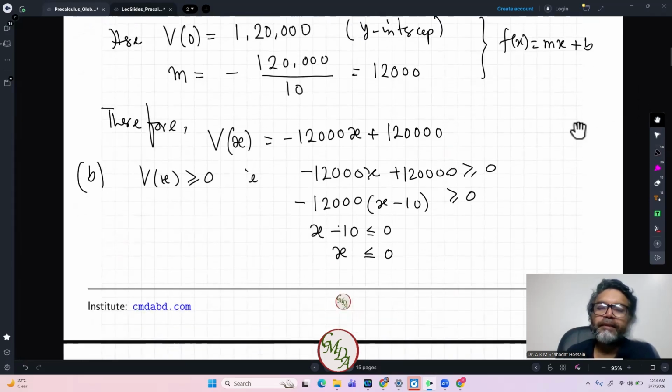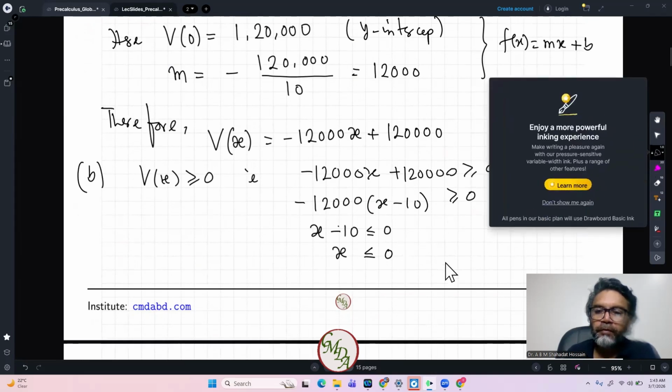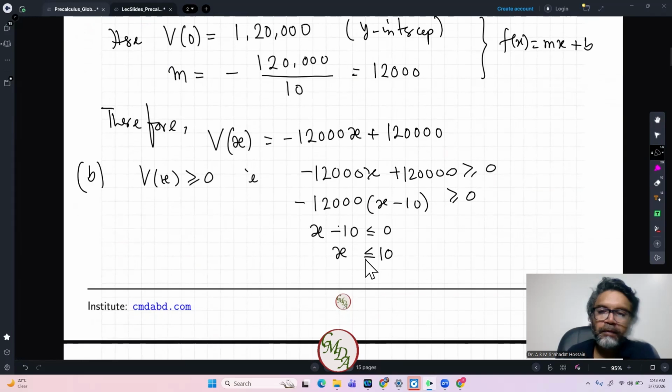And the price cannot be negative. Therefore x must be at most 10, and also the age of the machine must be greater than or equal to 0.